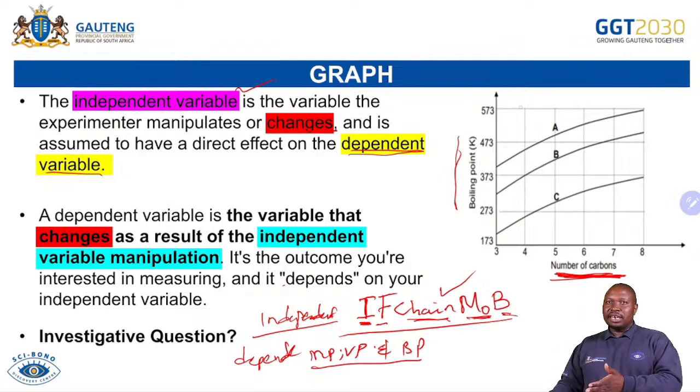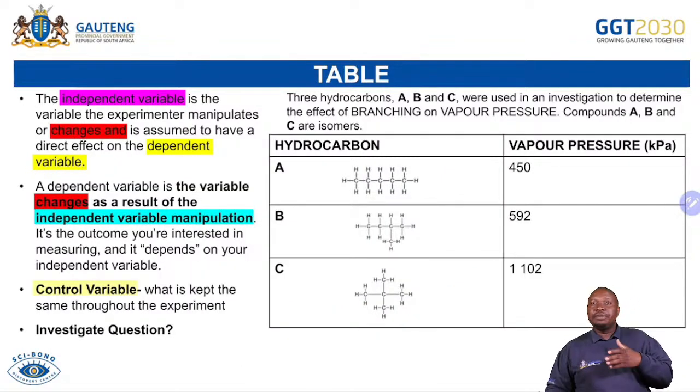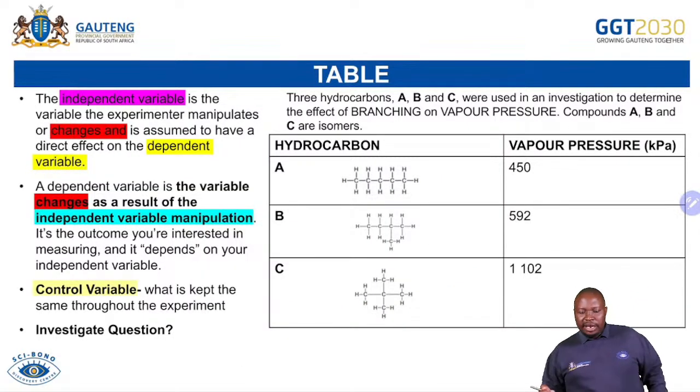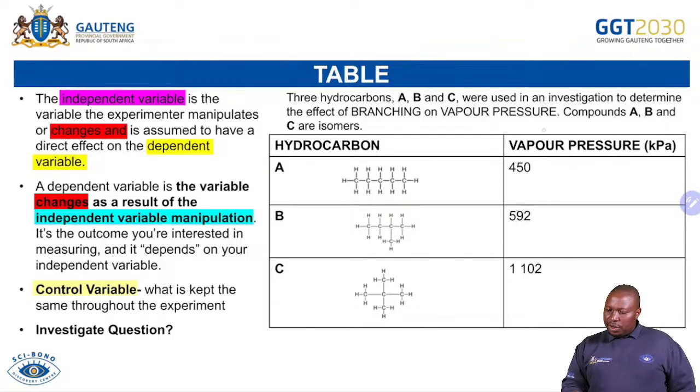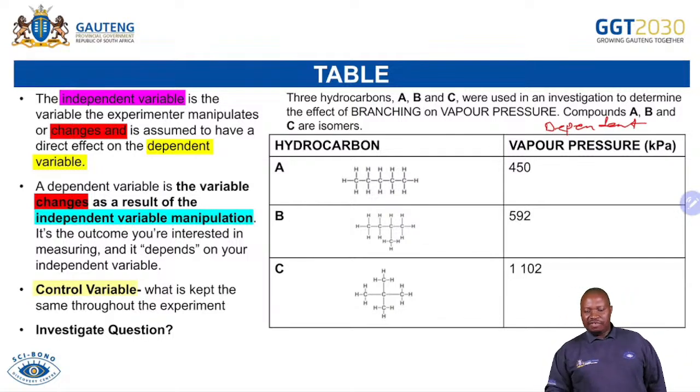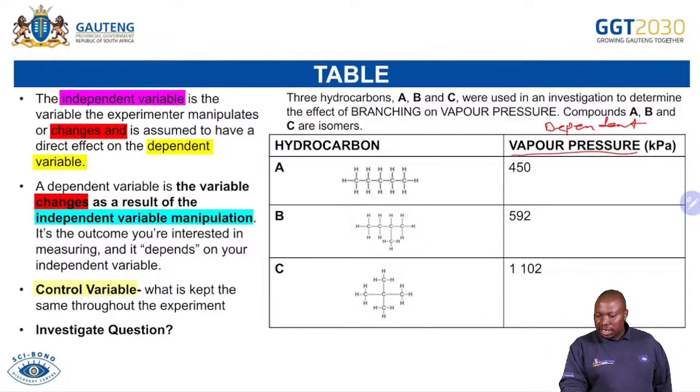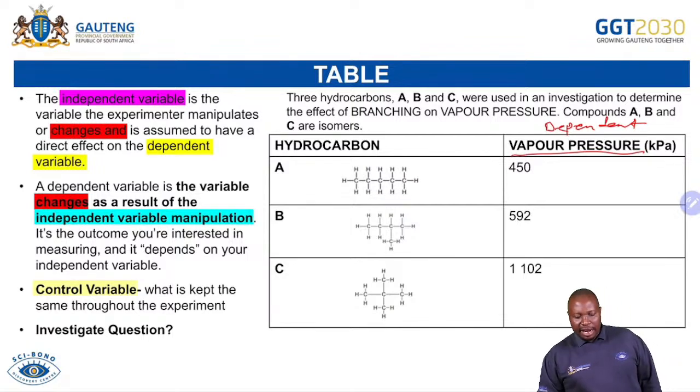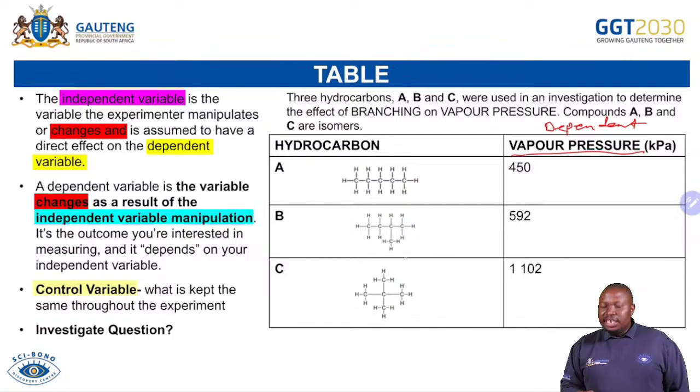The question can be in a graph form, or it can be in a table form. Immediately, you check: we said the dependent variables are only three, melting point, boiling point, and vapor pressure. In this case, it is vapor pressure. Now, what is the independent variable?